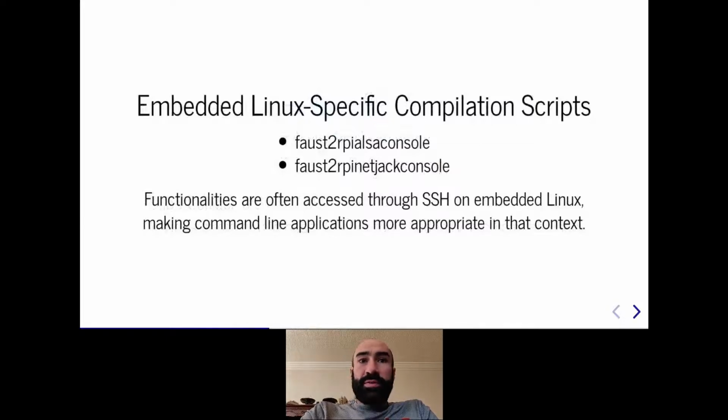Even though Faust can generate applications with a user interface like Qt and GTK, you know them, right? These don't necessarily make sense in the context of embedded systems where screens are not always used or available. Hence, functionalities are typically accessed through SSH, making command line applications more appropriate in that context.